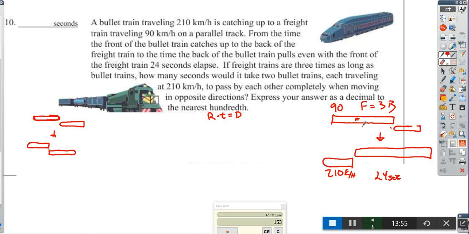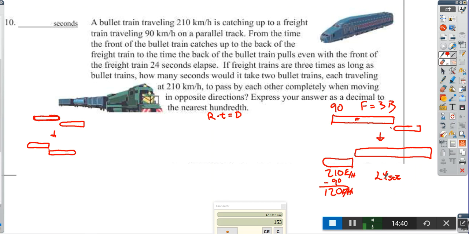So that means this is going 90 kilometers an hour relative to the ground. This is going 210 kilometers relative to the ground. So that means the difference in them is going to be 120 kilometers per hour. So the bullet train relative to the freight train is going 120 kilometers an hour faster. I can turn this into kilometers per second, or I can turn this into hours.